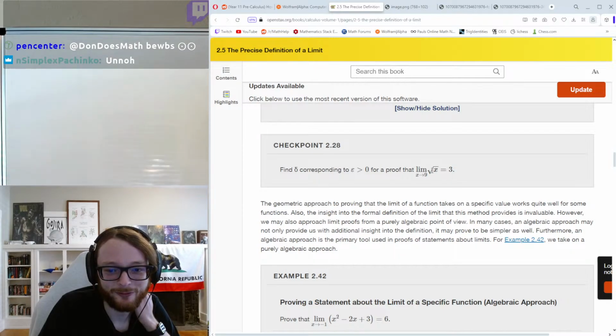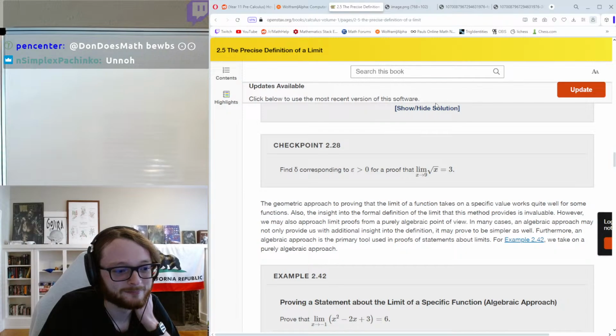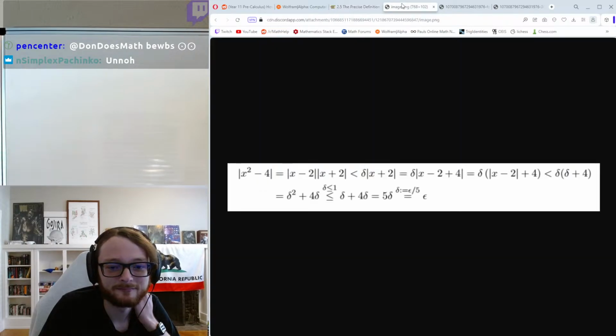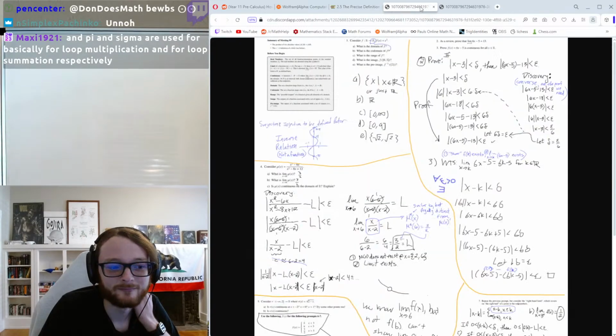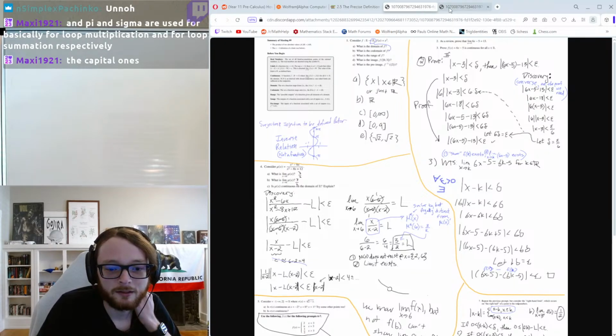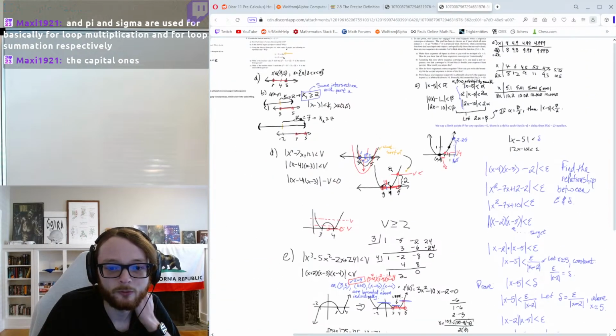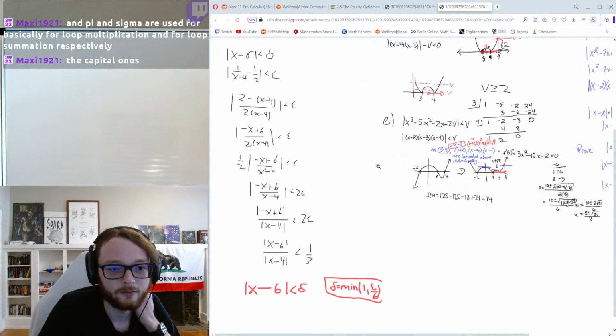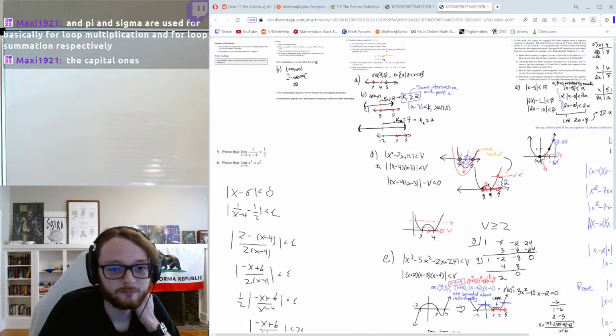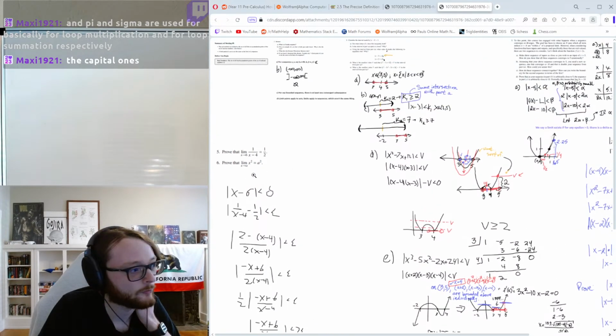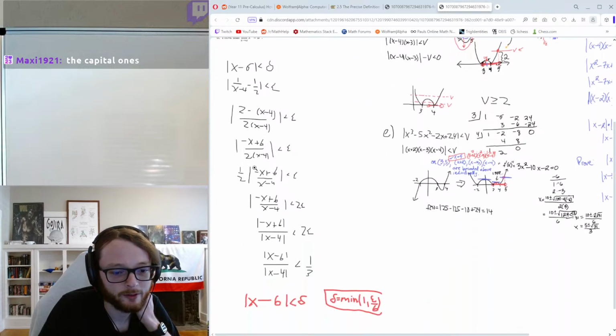We could try it for this root x equals 3. Actually, what else did we do this day? Did we actually do this number 6, for x squared equals a squared for a generic?